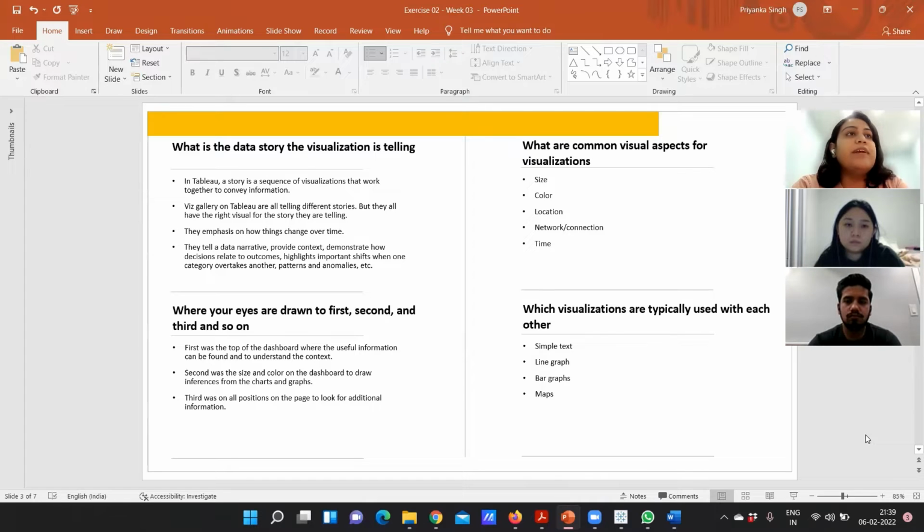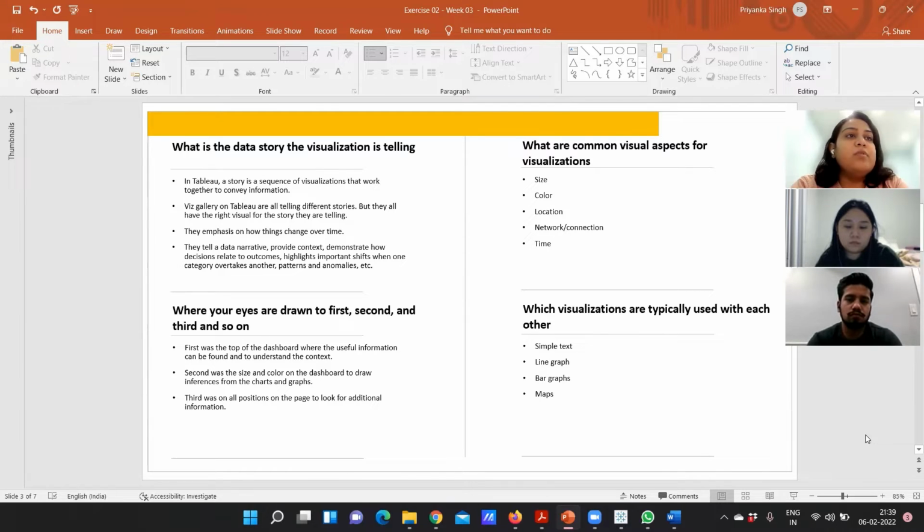What are the common visual aspects for the visualization? Within the visualization, there are several visual aspects like the size of the dot on the chart or the size of the bar graph, color, location, network or connections showing how two data points are connected, and time, showing how the information looks over time, or a time series in months, weeks, or years, or year over year.